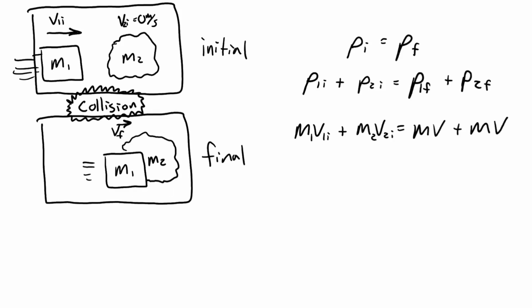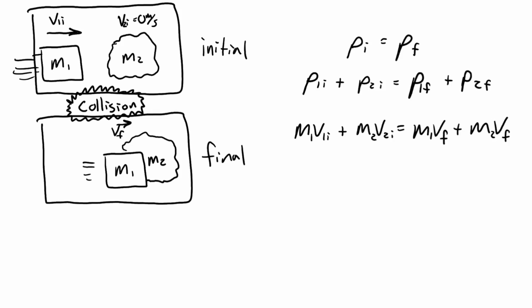So this is M1, this is M2, but our final velocity is the same. That's the key. Since they stick together, we don't need a V1F and a separate V2F. That number, VF, is going to be the same for both, so we could just call it one term, plain old VF.